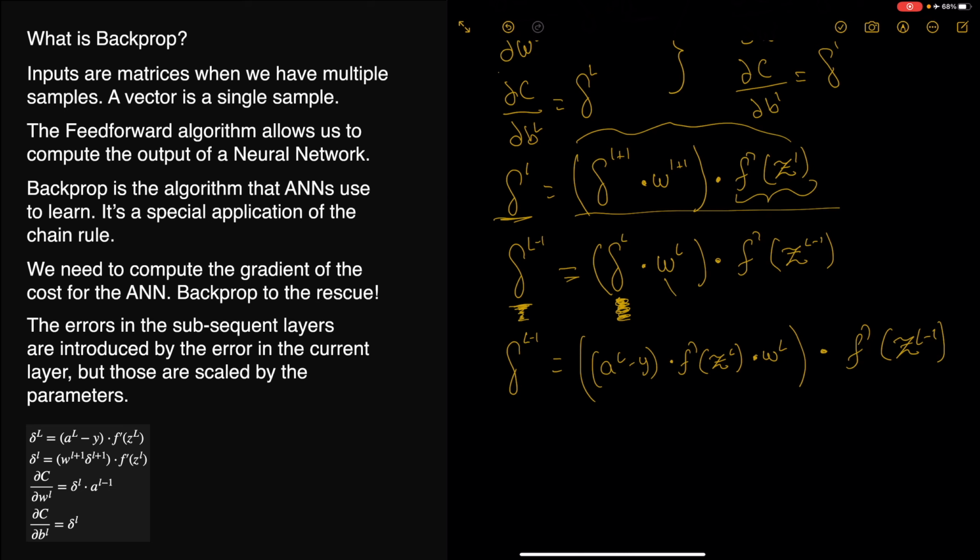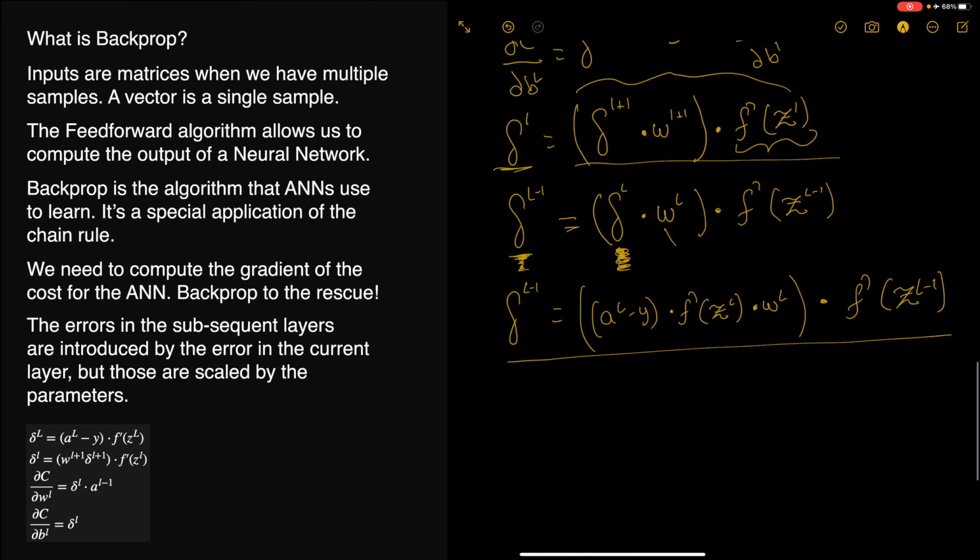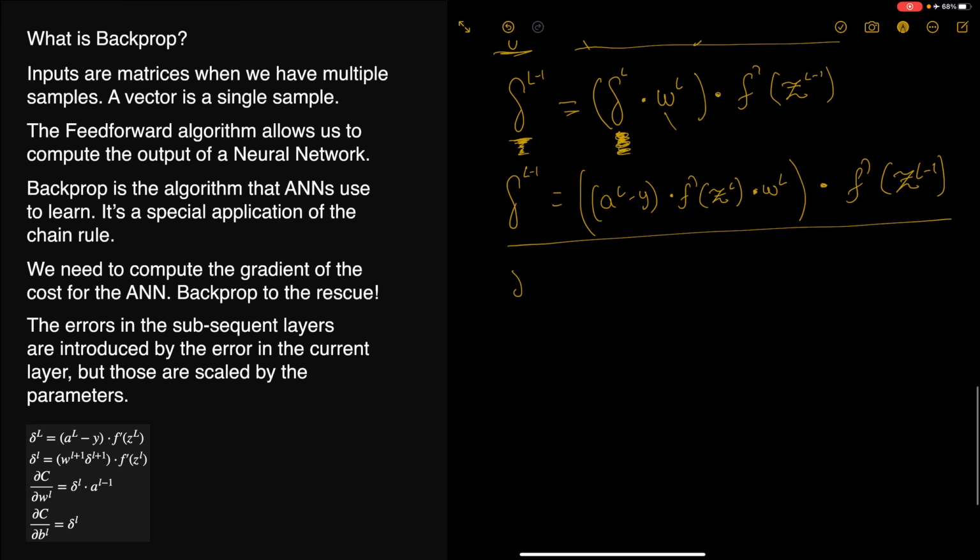Now, if we look at this, we can compute the derivative of the cost with respect to the WL minus 1 layer, which is just this multiplied, right? So we have this multiplied by this, we just subtract 1, so we have AL minus 2.